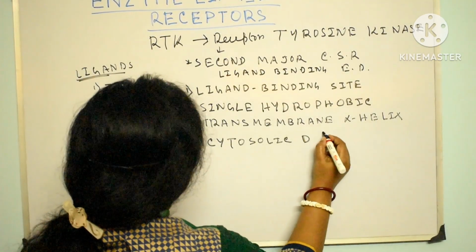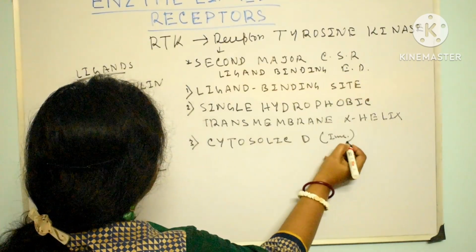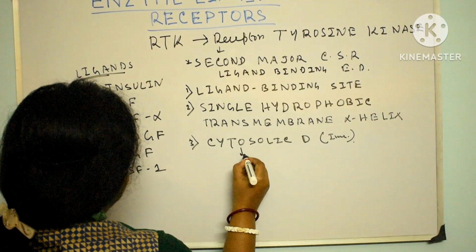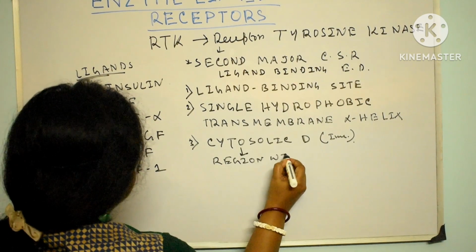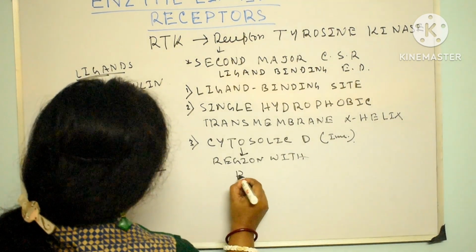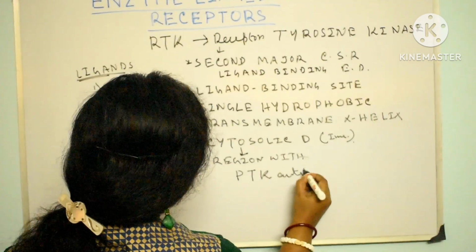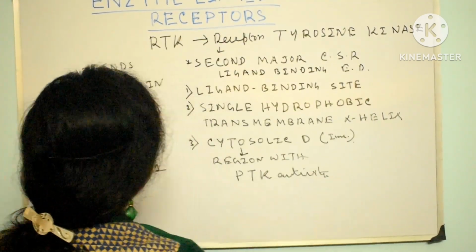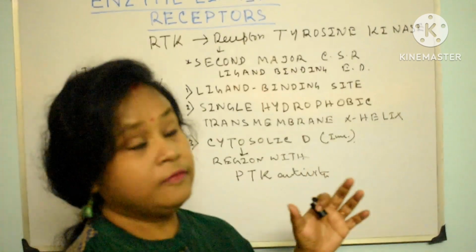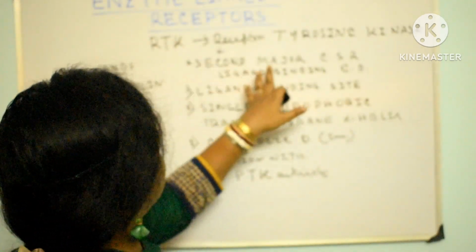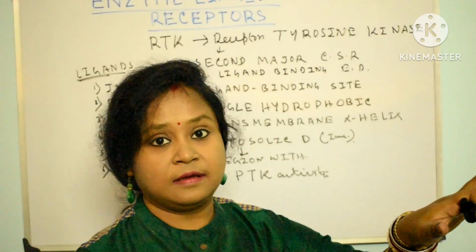This is the inner side, and here there is a region with protein tyrosine kinase activity. So these are the domains of an RTK or receptor tyrosine kinase.